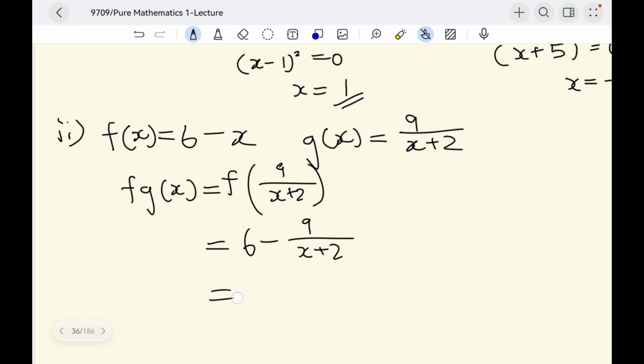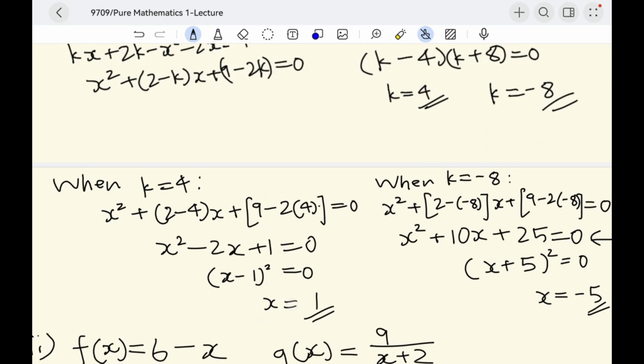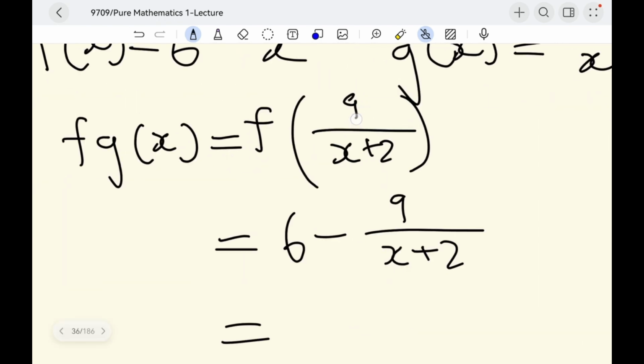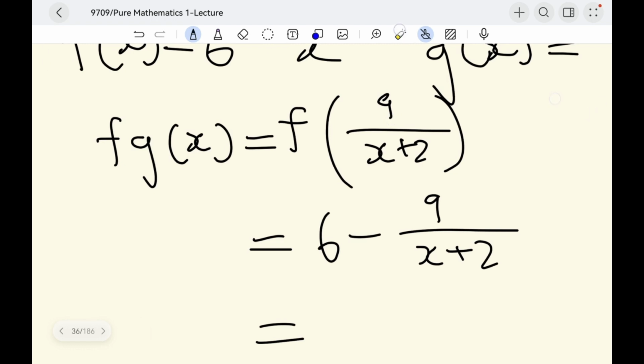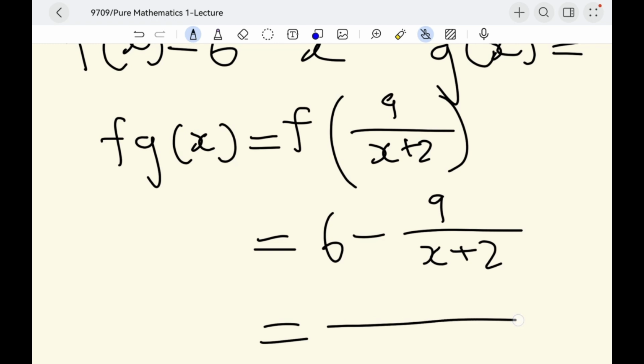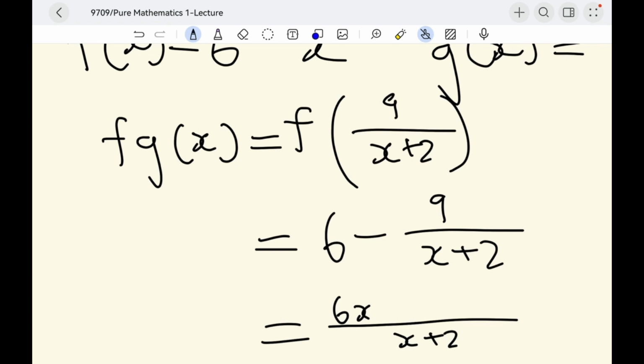To make it more convenient to solve the equation, I have to multiply by x plus 2 on both sides, for the numerator and denominator. So I have 6x, 6 times 2 is 12, 12 minus 9, that is 3, right?